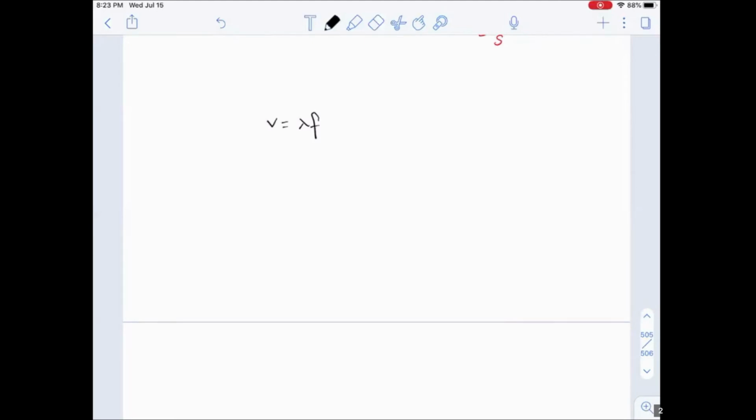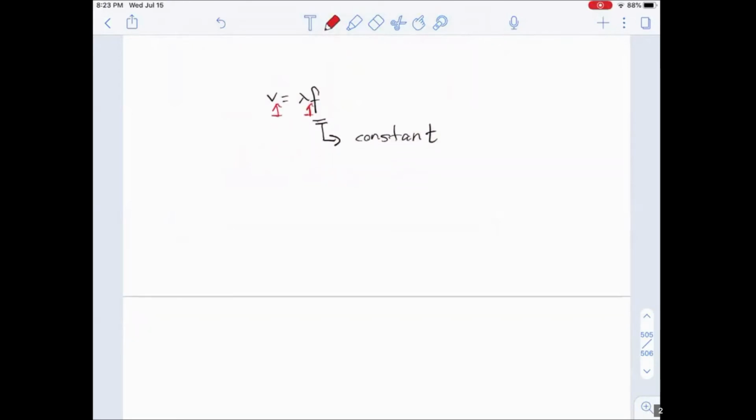All right, so the wave speed can be expressed in terms of frequency as well as the wavelength. What do we know if the frequency at the boundary is constant? With that assumption in mind, you know that the larger wavelengths will travel faster. Which one has a larger wavelength? The red is going to have a larger wavelength than violet.